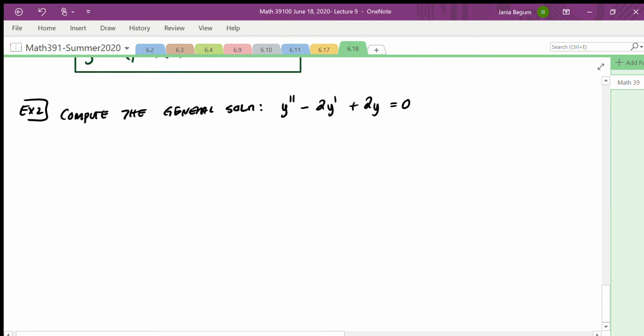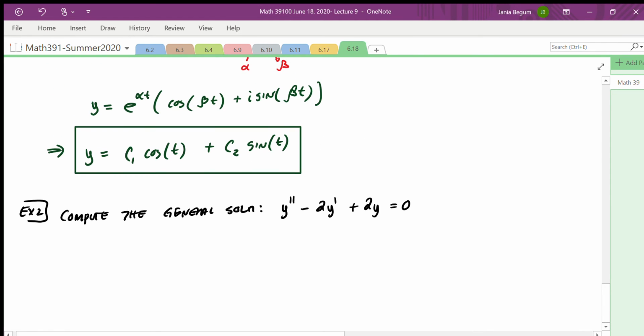I'll give you all a minute to work on this, and then I'll probably call on someone. So tell me the characteristic polynomial for this.